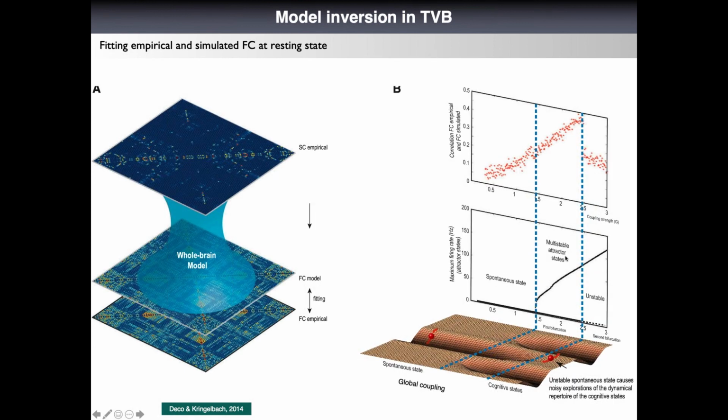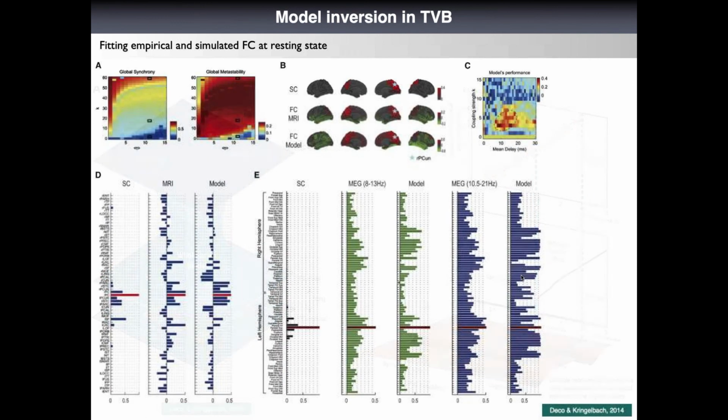And that was the region which allowed for both states, high and low activity, and an easy transition between them. In more detail, they varied two parameters, the global coupling strength and the speed of transmission. These two parameters affect the global synchrony of all the brain regions and their metastability.